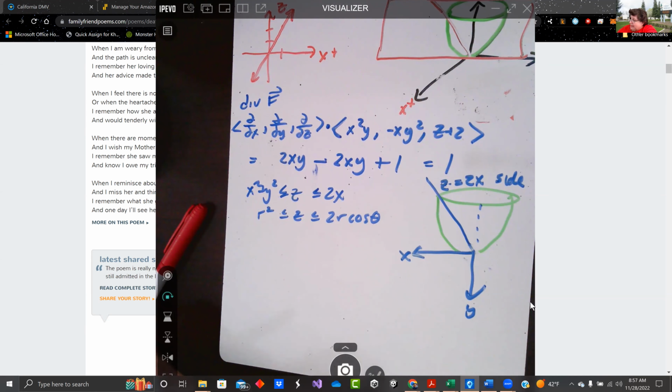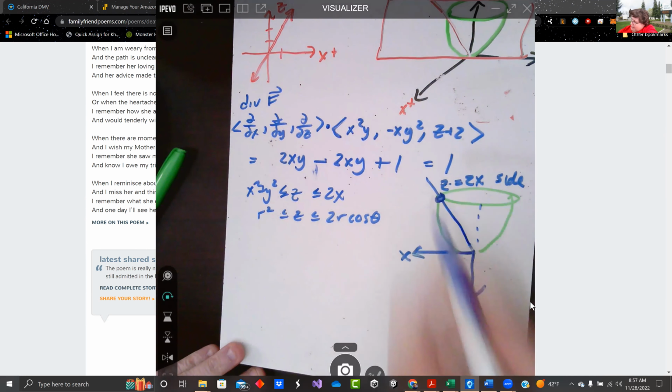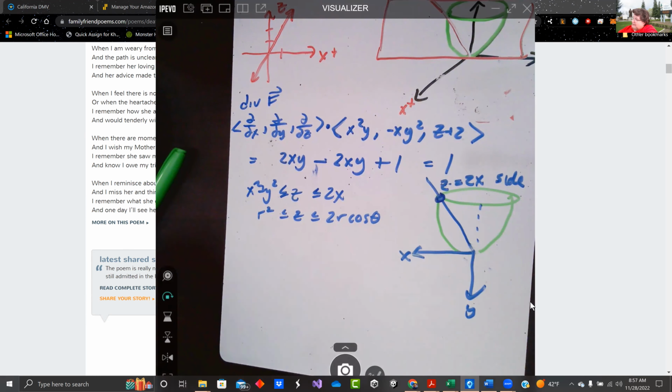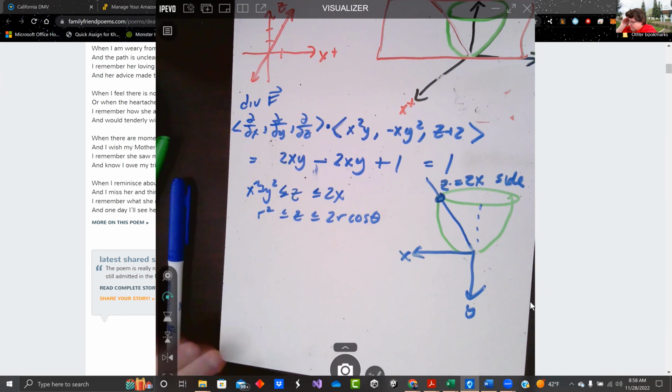We got to figure out what the radius is. Where it intersects, don't we? So where does that point meet? That meets when the Z's are the same value.